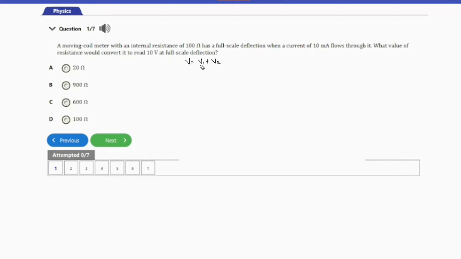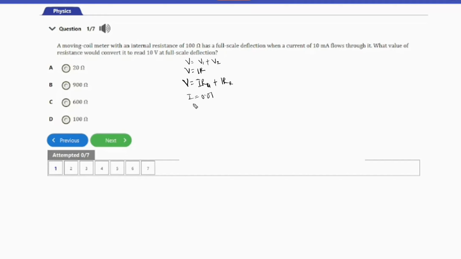Since V is equal to IR, the total voltage V is equal to IR for the moving coil meter plus the IR for the external resistance. The current I is 10 milliamps, which is 10 over 1000, like 0.01.